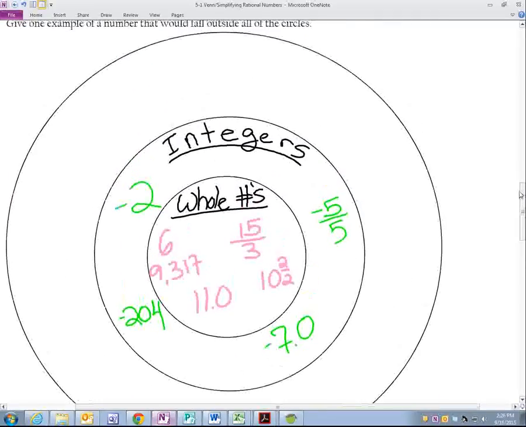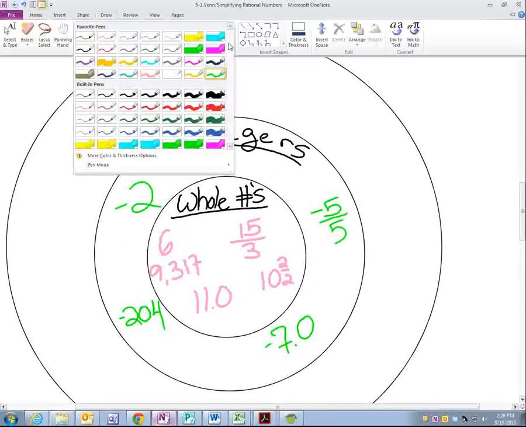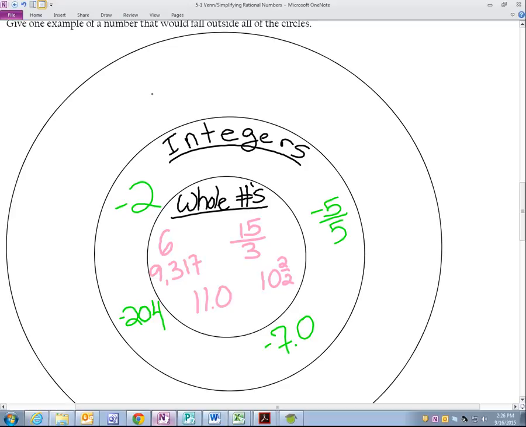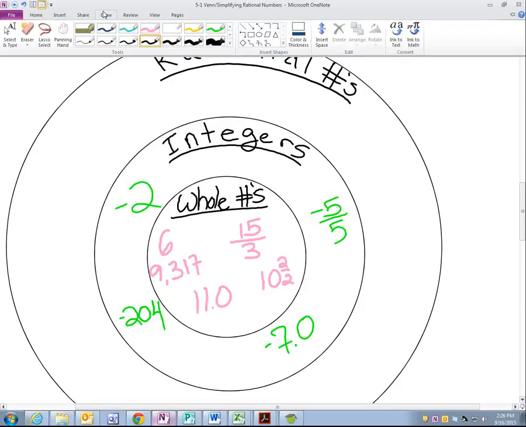Now we go out further, and we're going to be picking on rational numbers. Negative 1/4. What color should we use?